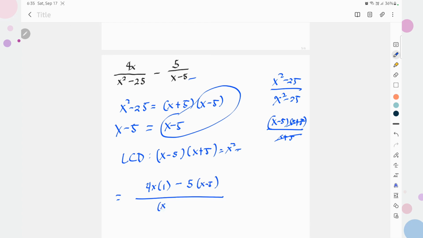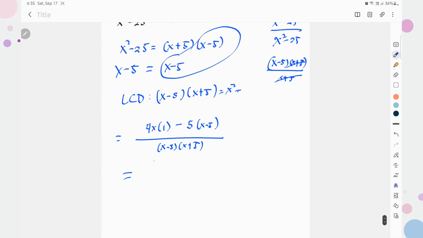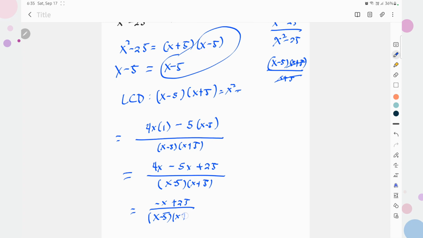So we can now write this one as x minus 5 and then x plus 5. Then we have here now the product. So we have now 4x minus 5x plus 25 over x minus 5 and then x plus 5. So what's left now is negative x plus 25 over x minus 5, then x plus 5. And this is now the final answer.